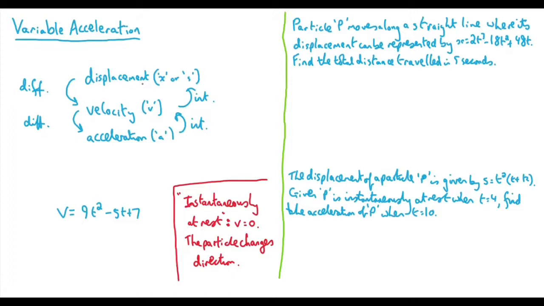As for clarifying this terminology, why we're using the word displacement rather than the word distance: displacement is the strict distance between your start and end point, irrespective of the route that you took. So if you were to take some kind of winding path like this, your displacement would, strictly speaking, be just this straight line from start to end as the crow flies.